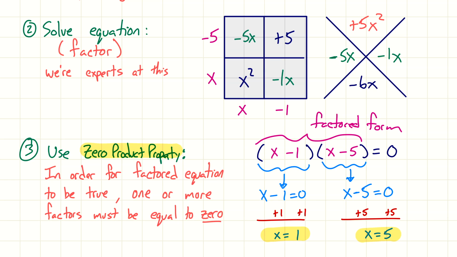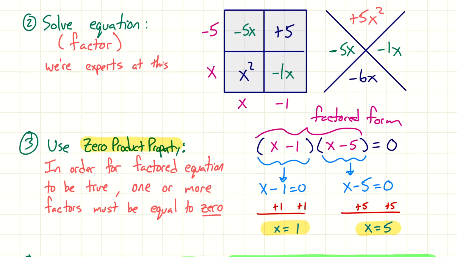If you multiply two numbers and they equal 0, one of them has to be 0. Like 5 times 0 is 0. 100 times 0 is 0. So one of those numbers is always 0, or both of them are. 0 times 0 is 0. So either both of these are 0 or one of these is 0.